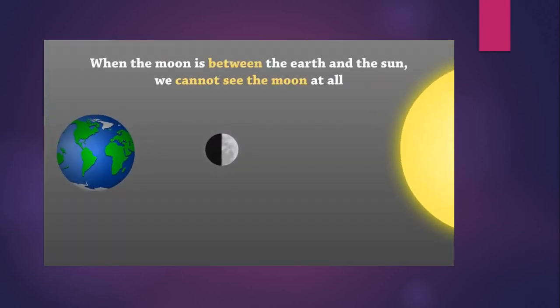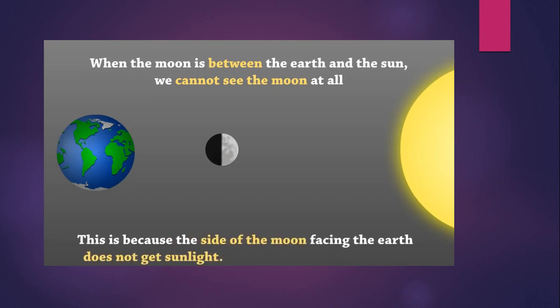When the moon is between the Earth and the Sun, we cannot see the moon at all. This is because the side of the moon facing the Earth does not get sunlight. This is called the new moon.